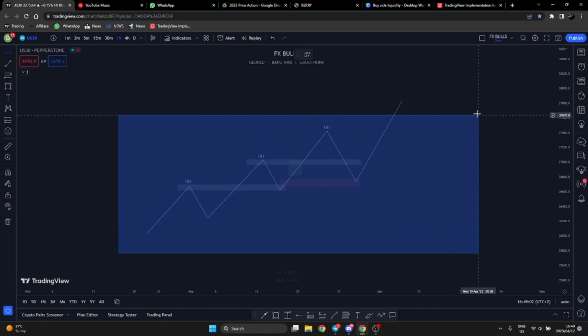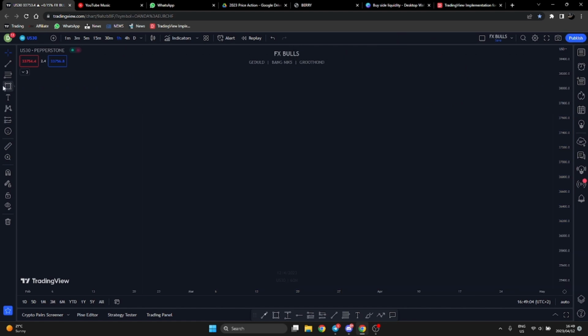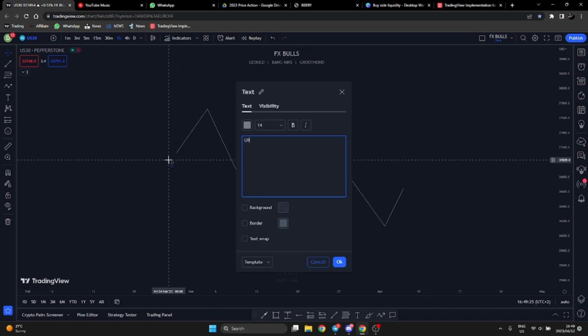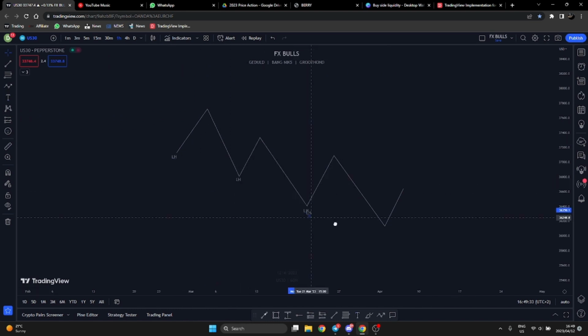So if I would take a bearish market, okay, so in a bearish market, now we're only looking for sells. This is the cool thing about price action that it taught me.